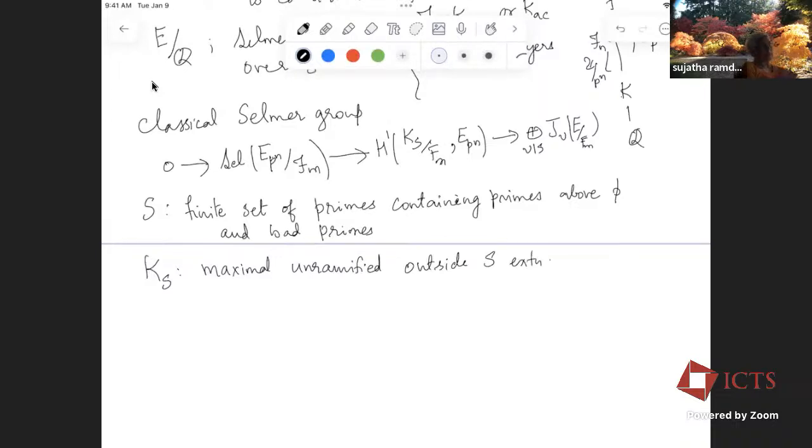So these JVs, usually people define these in terms of Selmer structures. It's a more general definition. What you do is you look at the primes V in S. There are two kinds, those which lie above P and those which do not lie above P. Then look at the local H1 completions.